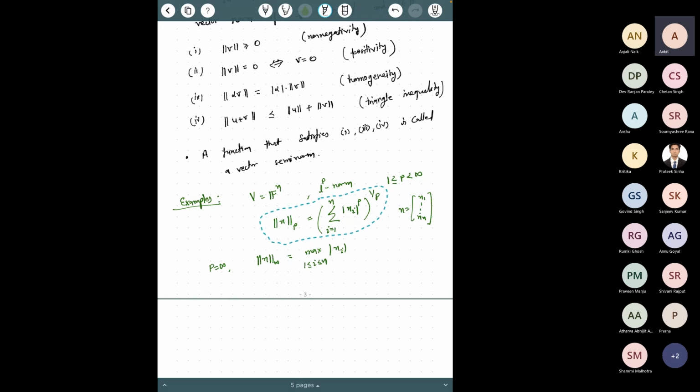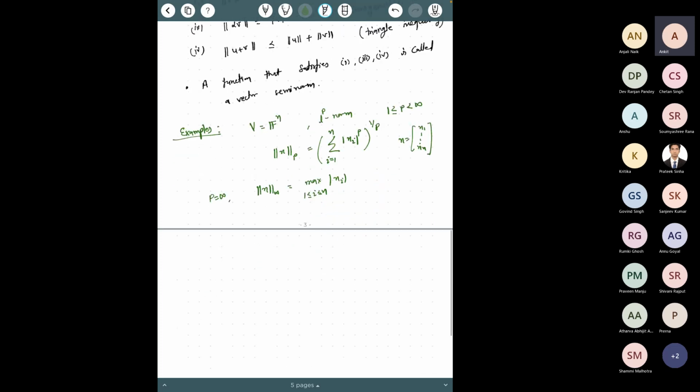But when p is strictly greater than 1 and less than infinity, it is not that straightforward. You will have to use a well-known inequality called Minkowski's inequality in order to prove this. Okay, so this you can explore. I'm not going to spend time here. I'll give this as an exercise. So the exercise is the following. Show that this is a vector norm on F^n. When p equals 1 or infinity, it's easy to check.